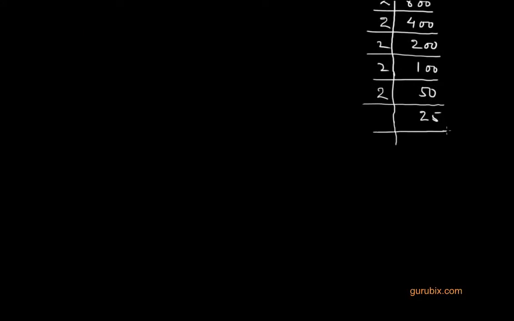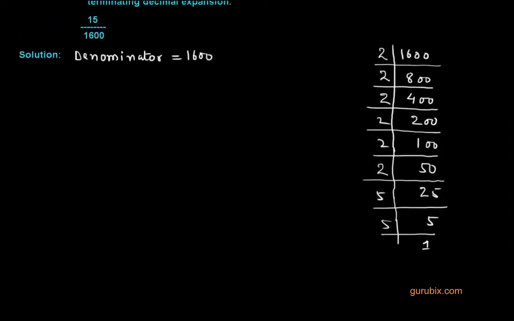Now this 25 can also be divided by 5 to get 5, and 5 is only divisible by 5 and 1, so we get 1 as quotient. Now we shall write this 1600 as a product of its prime factors, like this: 2 into 2 into 2 into 2 into 2 into 2, 6 times, and 5 into 5, 2 times.